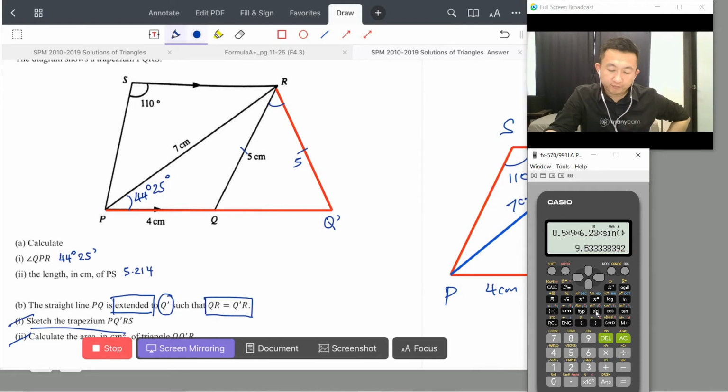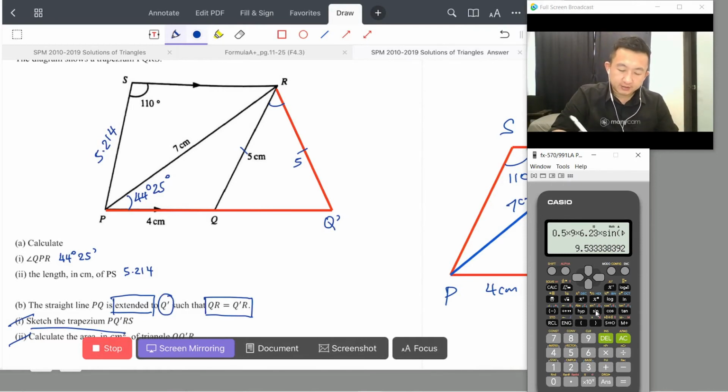The length of PS, 5.214. Trapezium, there you go, you have your parallel lines. 44 25. So we have to do a little bit of work.